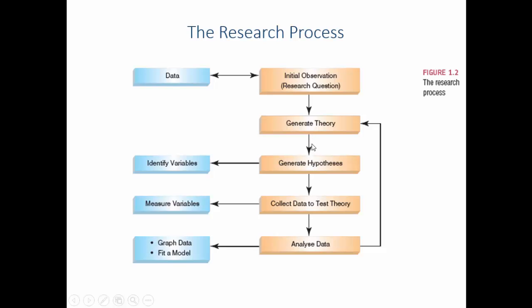Thinking about the steps of the research process, a hypothesis is logically derived from a theory, at least in the best case scenario. It comes from a theory. Ideally, you're not just testing something out just to see. At least if you already have a well-developed theory, you don't want to do that. You want to test a specific prediction to test this idea to see if it's useful.